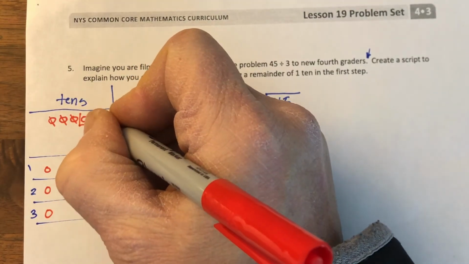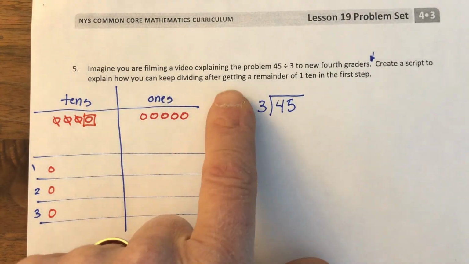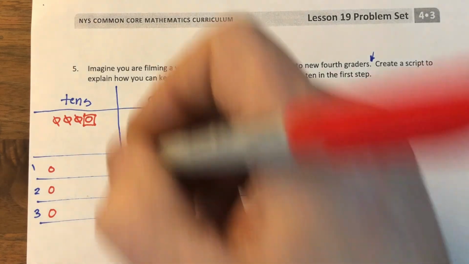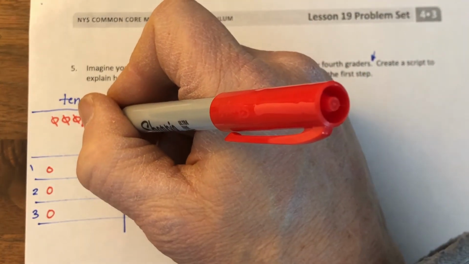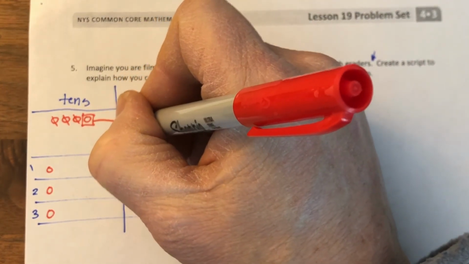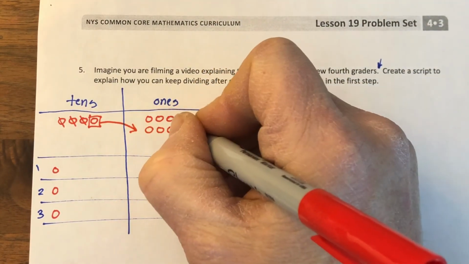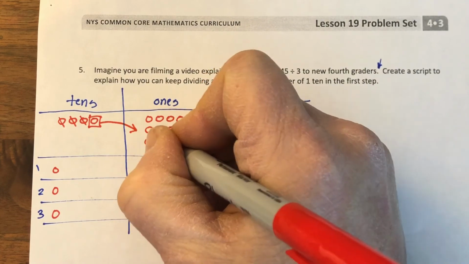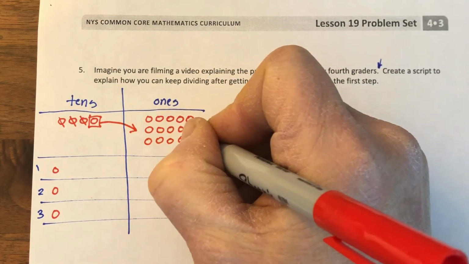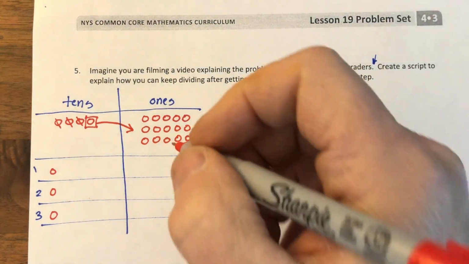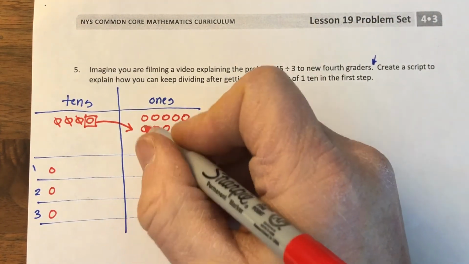And then this one is my remaining 10. This is the script that you need to explain. I'd like you to explain this situation here, taking that 10 and decomposing it down into 10 ones. Talk about that, and then we'll finish this up with splitting this up.